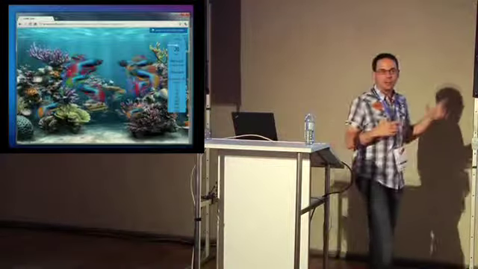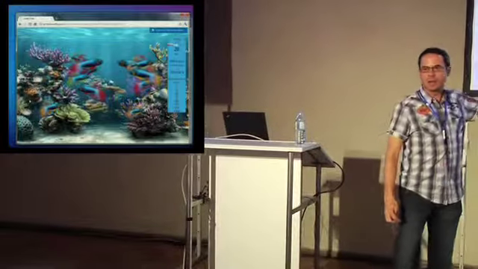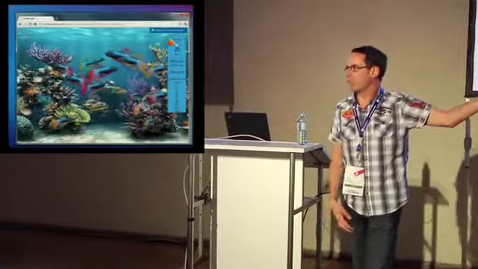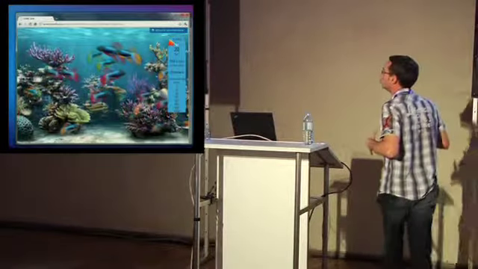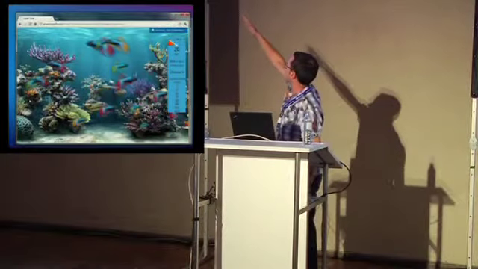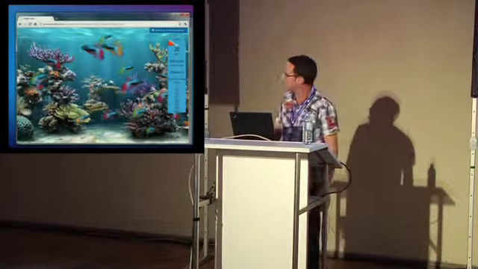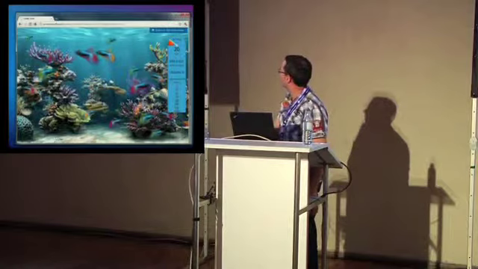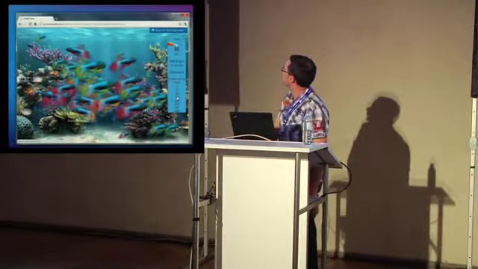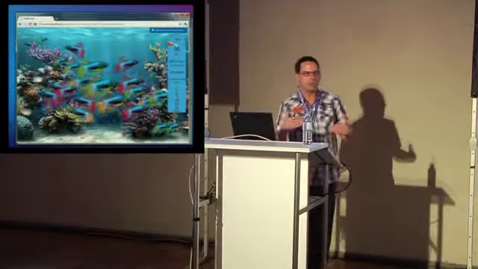Again, this particular demo is some Canvas, SVG, HTML5 running on the page. In Chrome, I'm getting about 20 fish at 11 frames per second. I can increase that if I want to have 50 fish. Oh, my frame rate goes down.